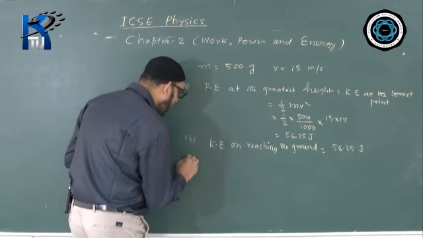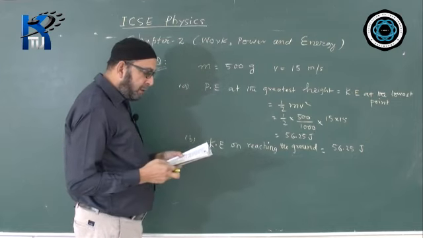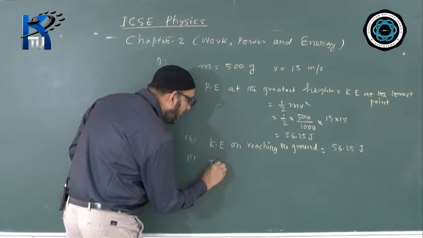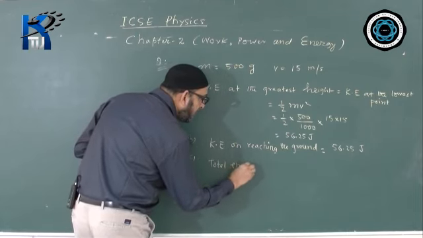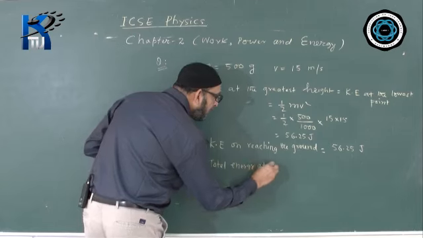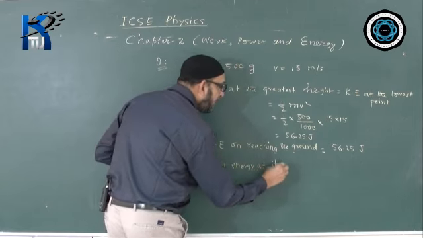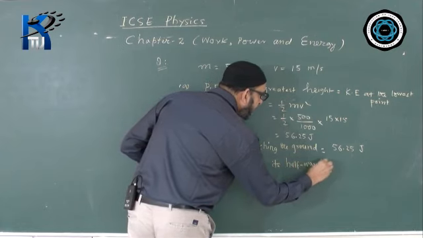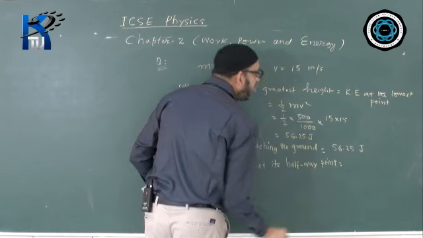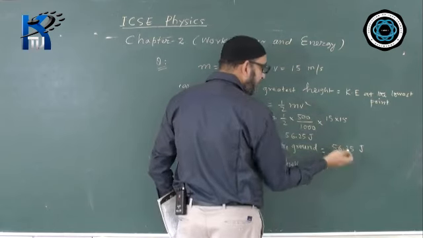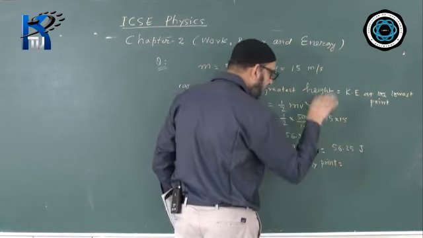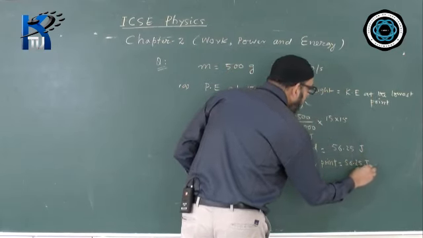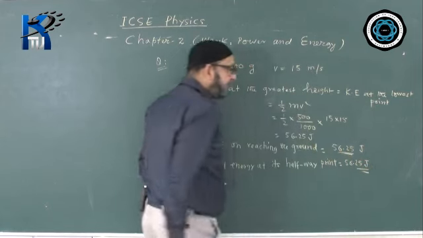And the third part of the question says the total energy at its halfway point. Total energy remains constant at all the points, which is equal to either the lowest point value or the highest point value or value anywhere else. So, 56.25 joule. So, all the answers are basically the same.